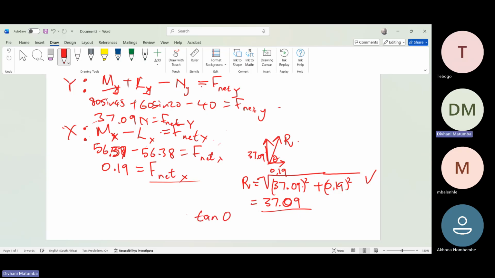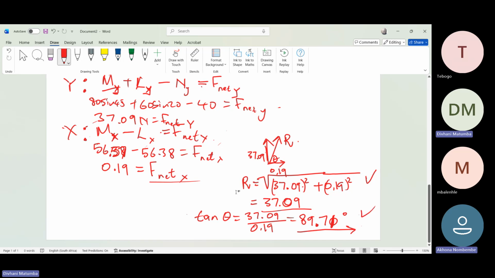Do you agree that tan of theta will be given by opposite, which is 37.09, divided by 0.19? It should be close to 90 degrees, but let's see. How much are you getting? 89.71. Yeah, it's close to 90. Yeah, we're fine.